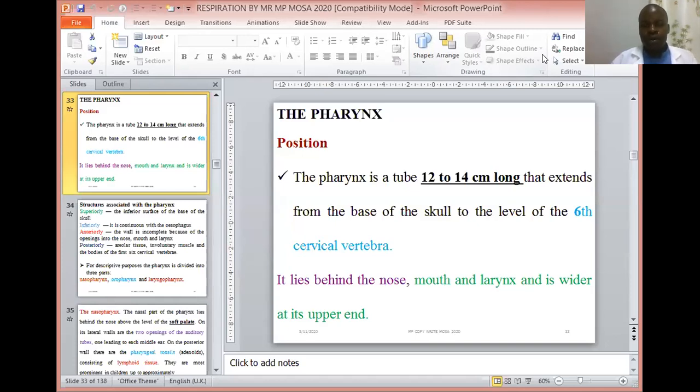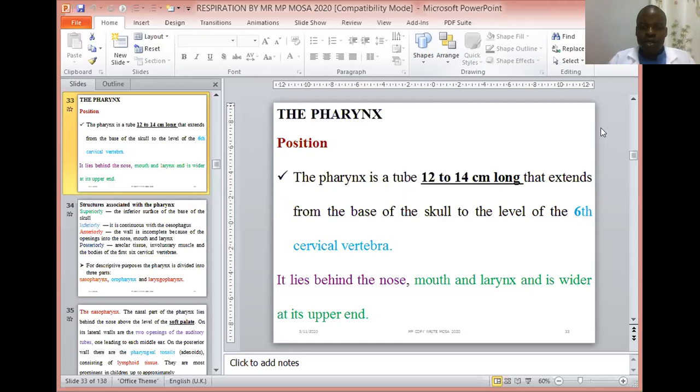So the pharynx is one of the organs which is involved in the respiratory system. The pharynx is a tube measuring about 12 to 14 centimeters long that extends from the base of the skull to the level of the sixth cervical vertebrae.